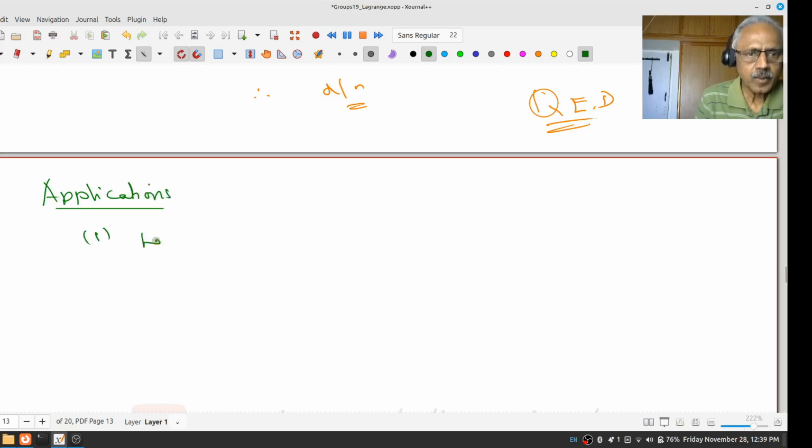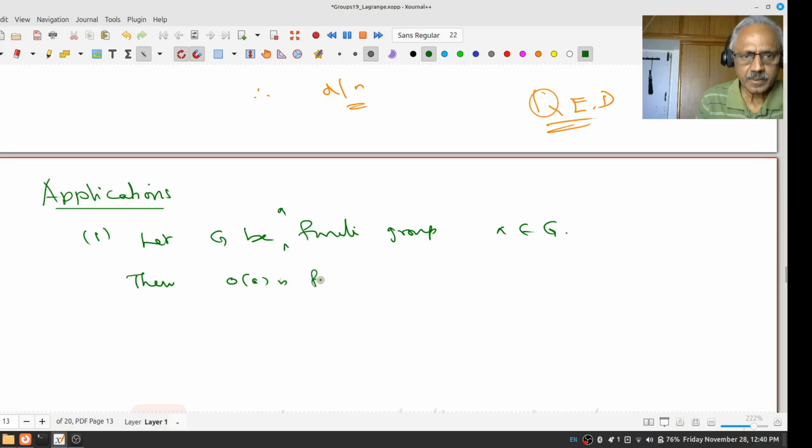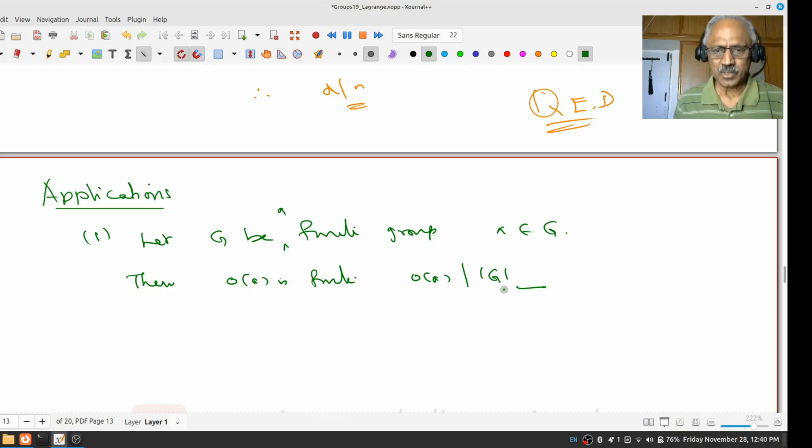One, let G be finite, A an element of G. Then the order of A is finite and the order of A divides the number of elements in G. Unfortunately, one also calls the number of elements in G the order of G. Is that clear to you?